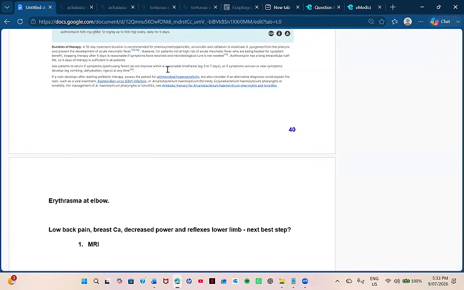So what can you do? Tell me stepwise how you should manage this patient, because I have explained this kind of scenario. If the patient presents with decreased power and reflexes of the lower limb, associated with red flags, right, doctors? What can you think of here?